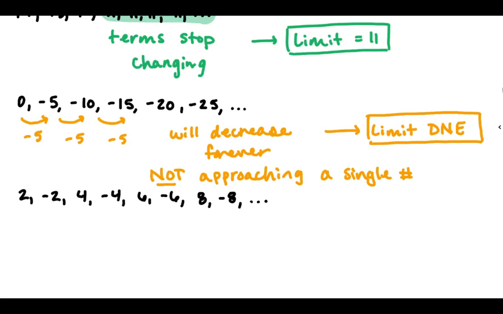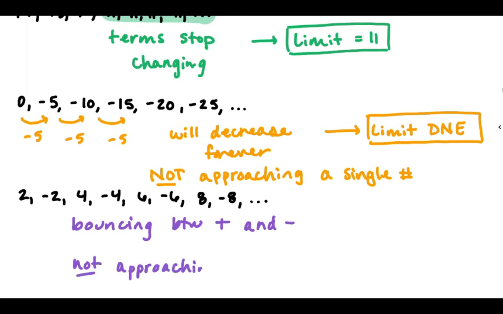So this sequence is bouncing around between positive and negative, and it's not approaching a single number. So again, we have a limit that does not exist.